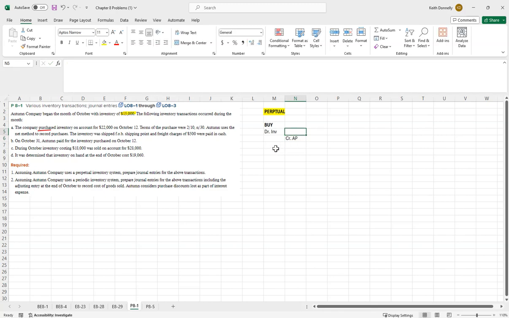For how much? Well, they say we use the net method, so it's going to be the 22,000 price times 0.98. In other words, we have a 2% coupon. If you have a 2% coupon, you're only going to pay 98% of the price. That gives us 21,560. We assume up front that we're going to do that. On top of that, we pay some shipping.